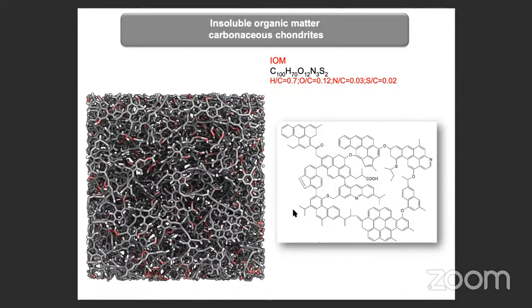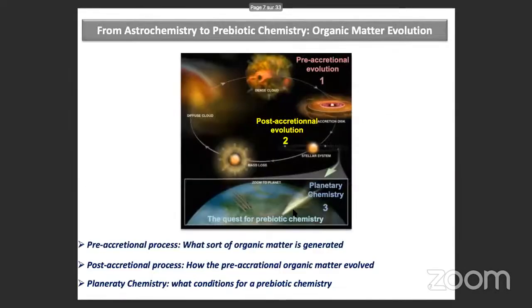And so now the question is where these organics come from. You have different scenarios. The one that we developed in the lab in Marseille comes from dense molecular cloud ices, and we simulate in the lab their evolution during the formation of the solar nebula up to the formation of the protoplanetary disk.